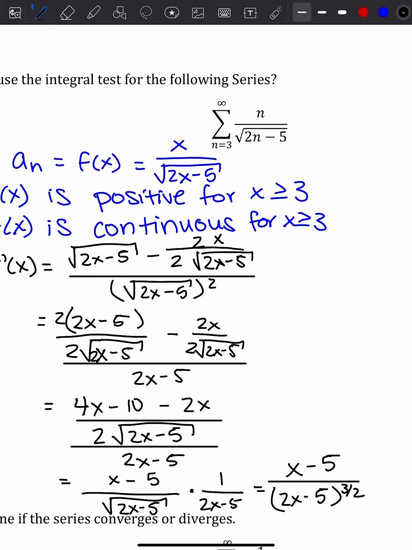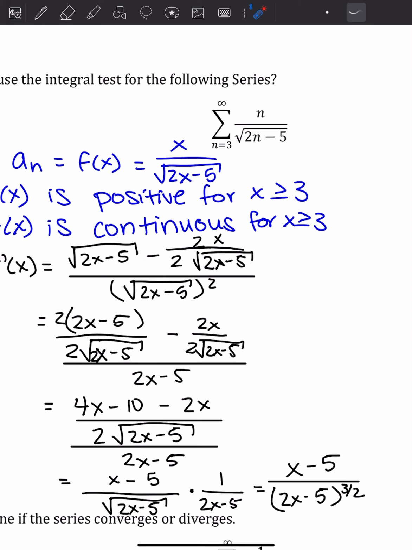If I plug in a number that is less than 5, say 3, because 3 is the smallest number we've been working with, 3 minus 5 is going to give us a negative on top. 3 times 2 is 6, 6 minus 5 is 1, so this is going to give us a positive on bottom. The denominator is going to give us a positive every time. It just depends on what the numerator is giving us.